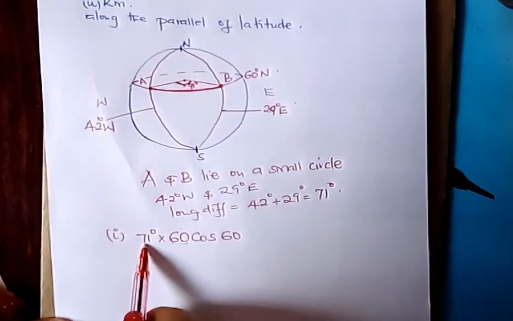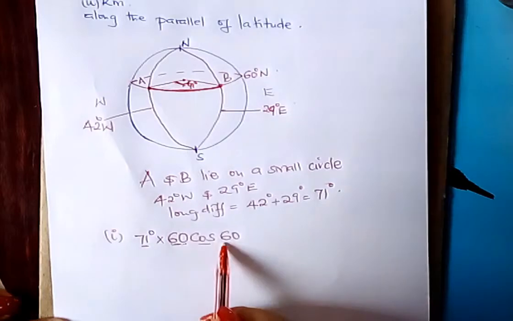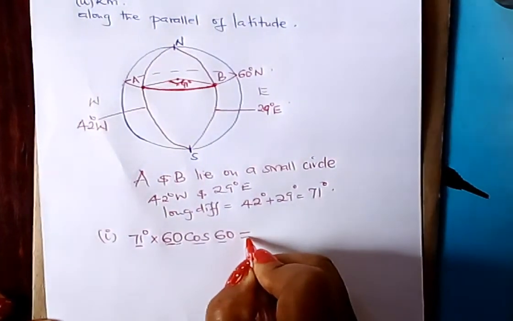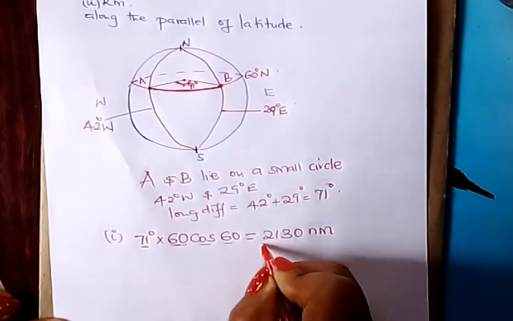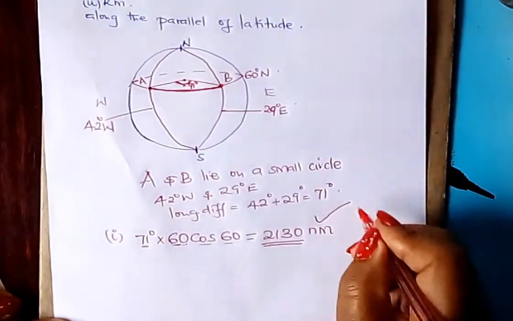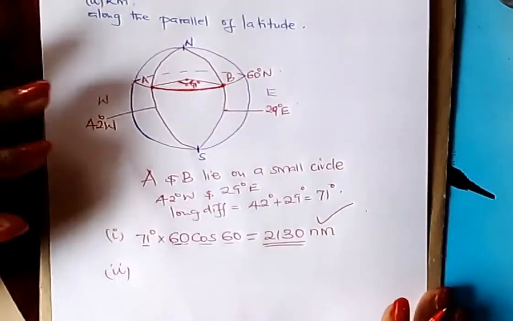So you take the angle at the center, multiply by 60 nautical miles, times cos of the latitude angle. You work this out using a calculator and you'll get 2,130 nautical miles.